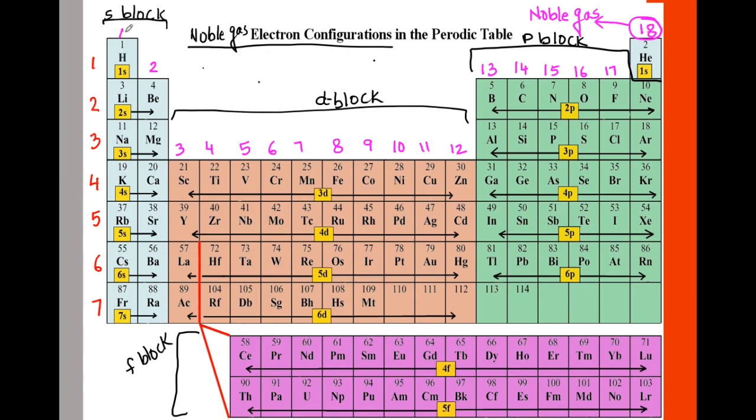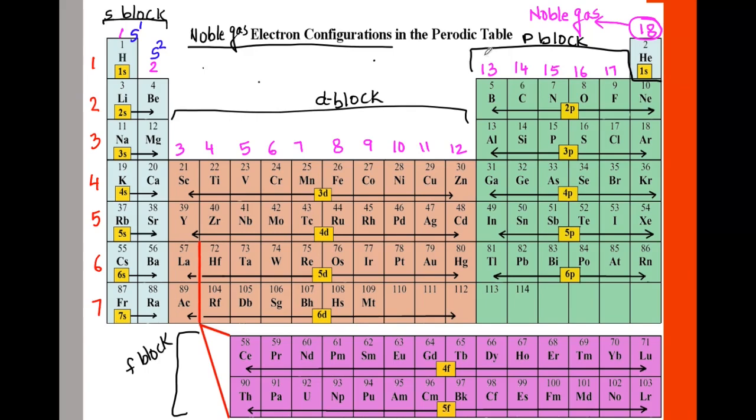S block group 1 elements, they all end in S1 configuration. For group 2, all of these elements have electron configuration ending with S2. And let's move to P block now.